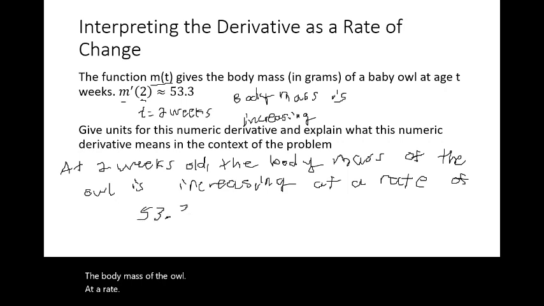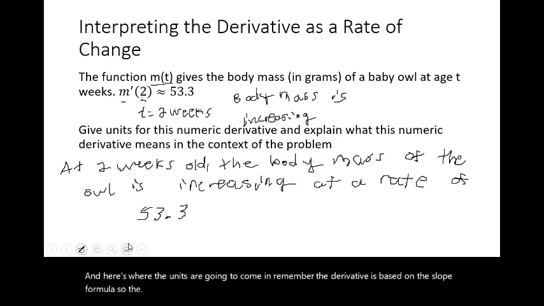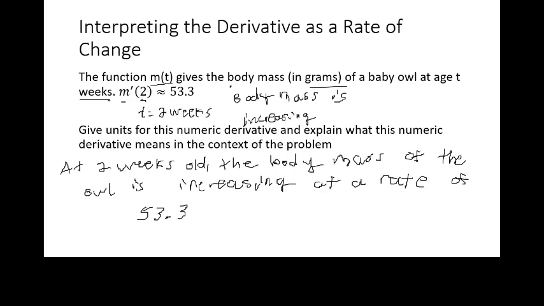And here's where the units are going to come in. Remember, the derivative is based on the slope formula. So the units are going to be whatever the units are for m of t per whatever the time units are. In this case, the units for the body mass was grams, and the time units was weeks. So at 2 weeks old, the body mass of the owl is increasing at a rate of 53.3 grams per week.